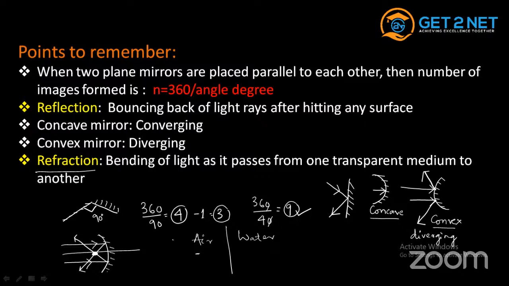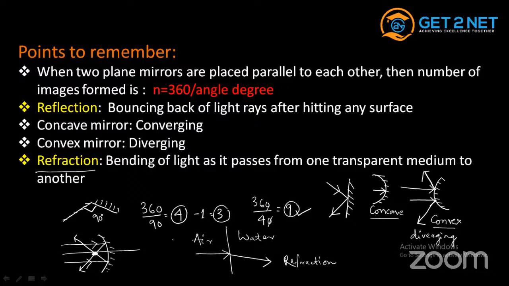Here the light ray will go in this direction, and after going from air to water, what will happen? The speed will increase or decrease according to which medium it is going into or coming from. So based on that, it will bend a little. That process is known as refraction. This is the process of refraction.